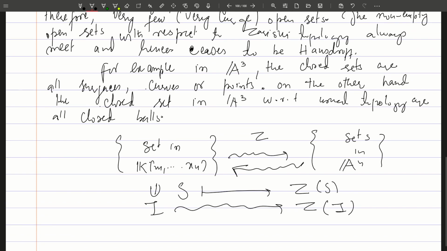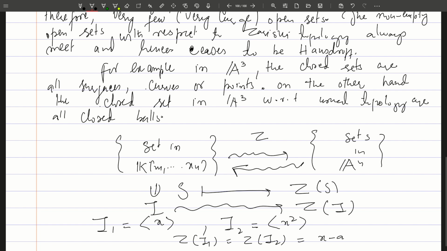For example, if I look at the ideal I1 generated by the polynomial x, and the ideal I2 generated by the polynomial x squared, then the zero set of ideal I1 is the same as the zero set of ideal I2, which is the x-axis. So there is this possibility that corresponding to two distinct ideals, we have the same zero set.